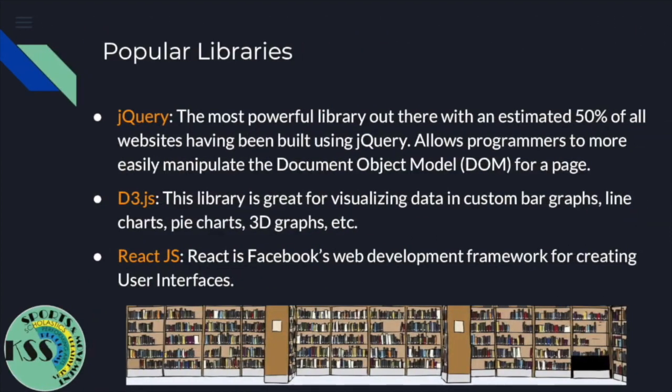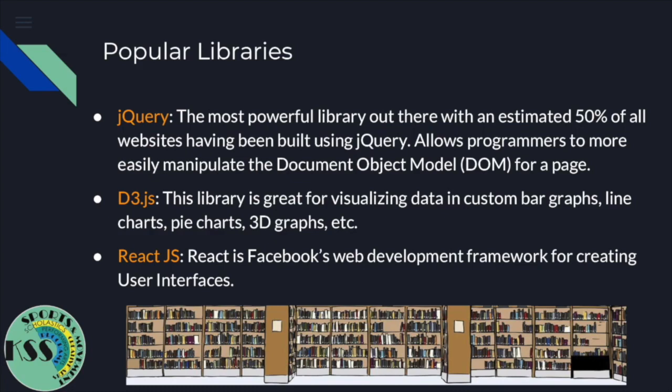Popular libraries. jQuery, one of the most powerful libraries out there, with an estimated 50% of all websites having been built using it. It allows programmers to more easily manipulate the document object model, or DOM, for a page.